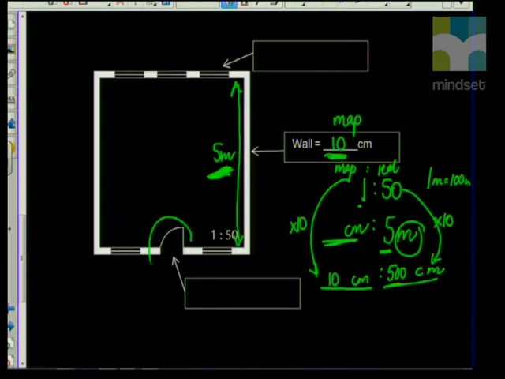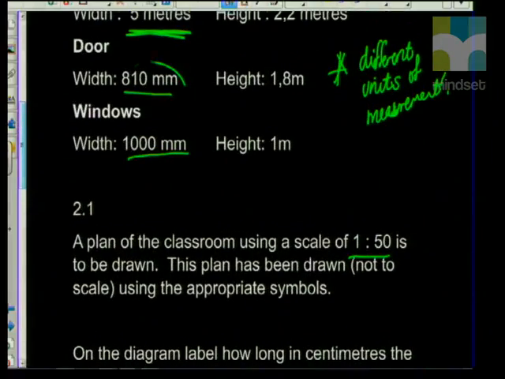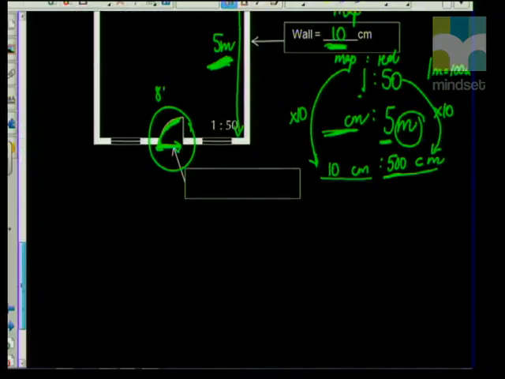This is a symbol for the door. You can see that this would be showing how it opens. I'm working out the width of the door. If I go back to my question, it tells me that the width of my door is 810 millimeters. So I know that this is 810 millimeters.